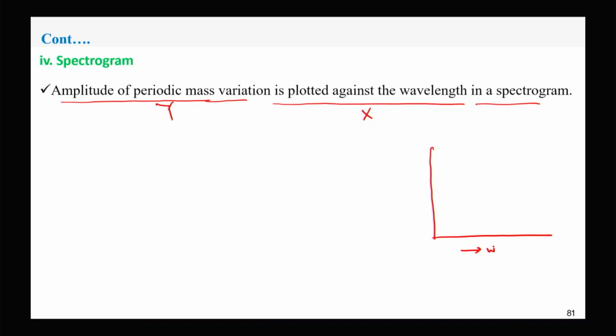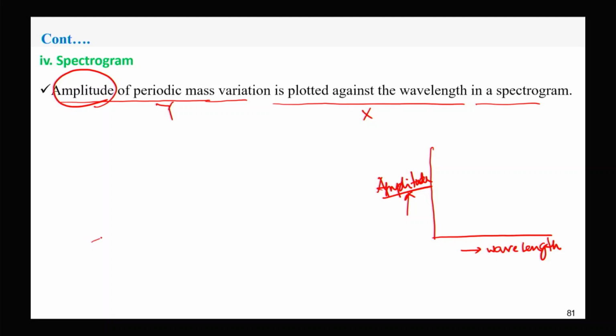This is wavelength, and this is amplitude. So this term amplitude doesn't mean the extent of variability.